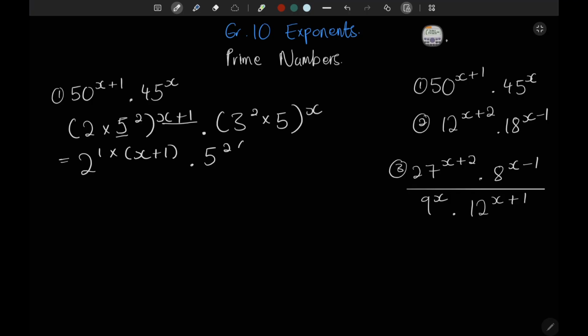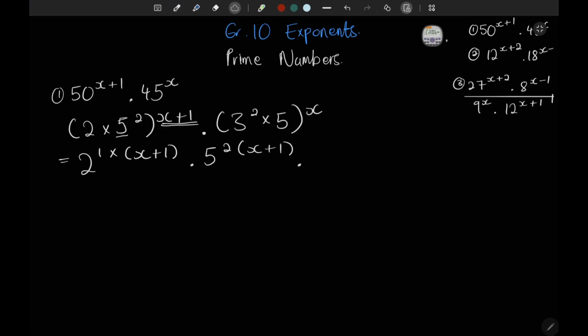It's 5 squared times x plus 1. Right? Then you have to move to 3 squared times 5, which is the second bracket. We have 3 squared, you write down 3 squared, times x. Times, we have 5, which is basically 5 to the power 1, times x.